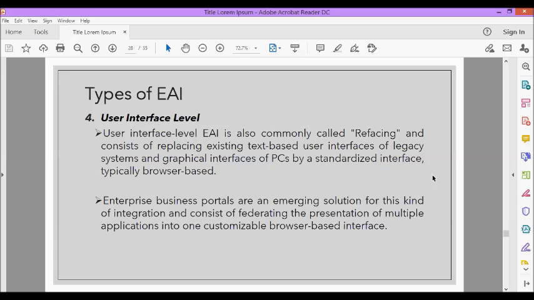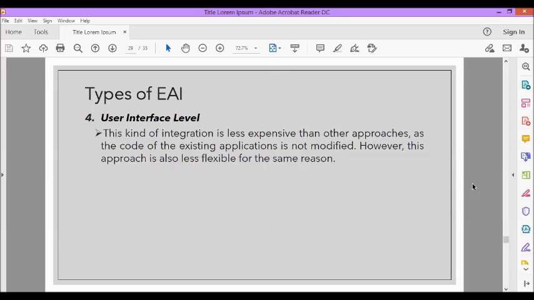Enterprise business portals are an emerging solution to this kind of integration and consist of federating the presentation of multiple applications into one customizable browser-based interface. This kind of integration is less expensive than other approaches as the code of the existing application is not modified. However, this approach is also less flexible for the same reason.